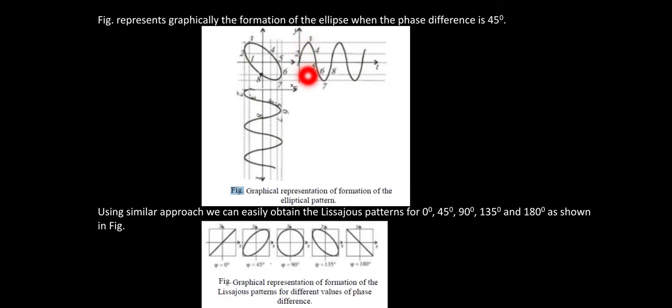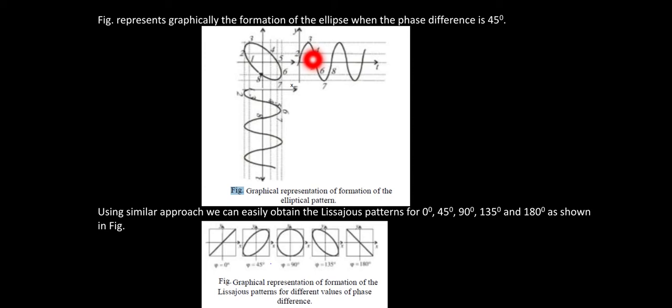When some time has passed, we get position 3, which corresponds to maximum in the y direction and this much in the x direction. The superposition of these is given by this maximum in the y direction and this much in the x direction. And similarly for 4.